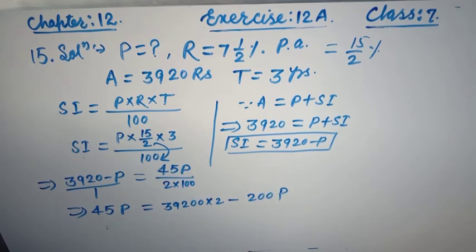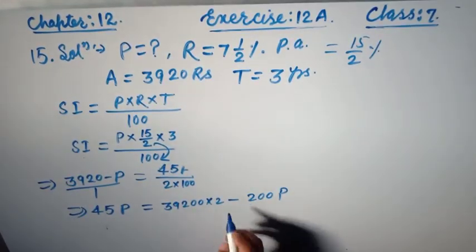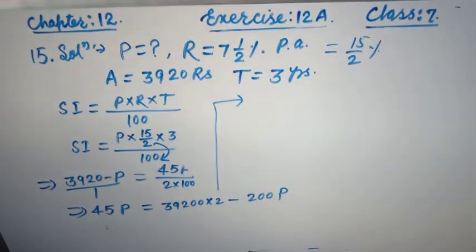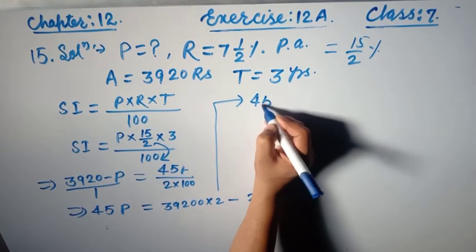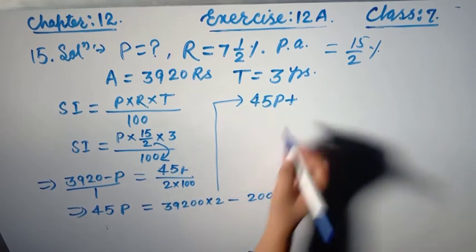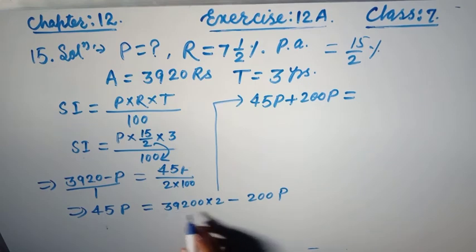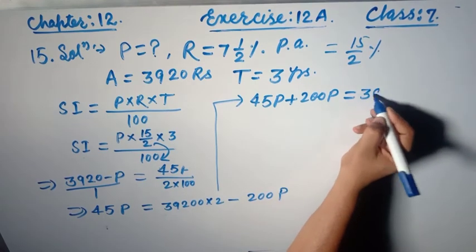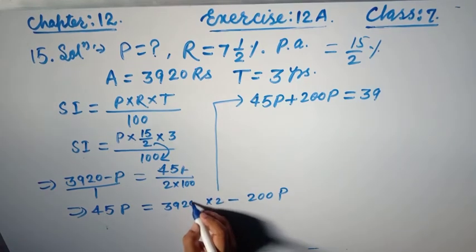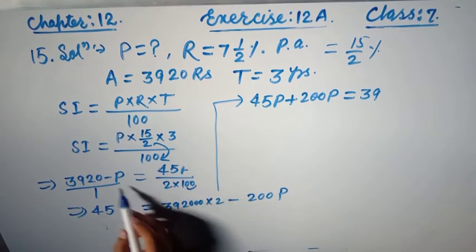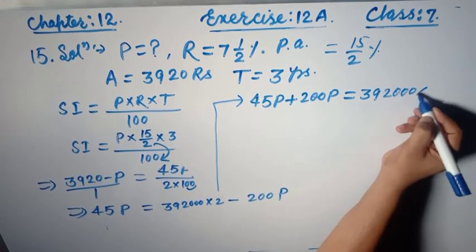Now erase this, friends. Now from here, have a look, this is 45 P as it is, and bring this 200 P to the left hand side with plus sign, 45 P plus 200 P is equal to 3,920 times 2, means 3,920 multiplied by 2.